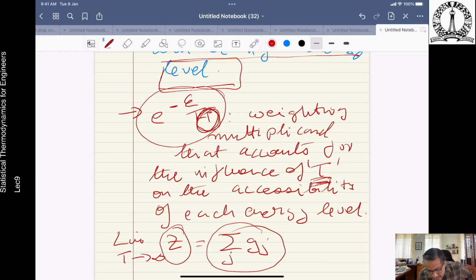If it is low, then the higher energy levels are less and less accessible. But when it is high, all the energy levels become equally accessible, and therefore you don't need this weighing fraction at all.